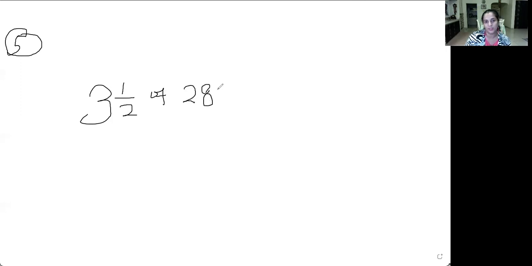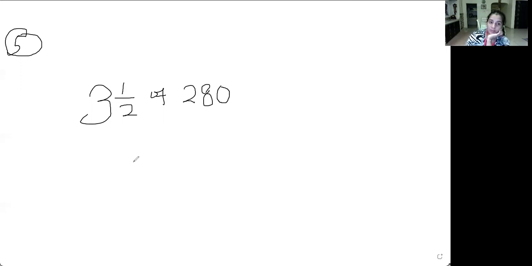Okay, what about on the same page? What if it's a mixed number of a certain number? For example, number 5. It says 3.5 of 280 boxes. So what is 3.5 of 280? How much is that?